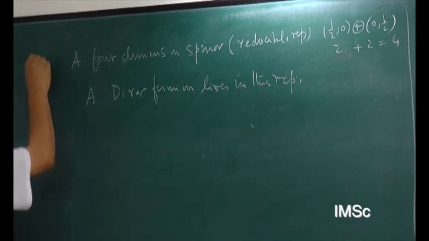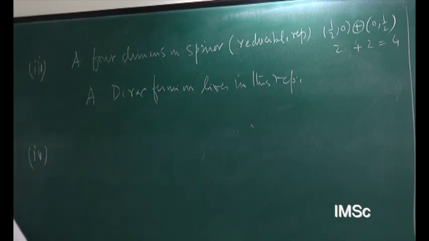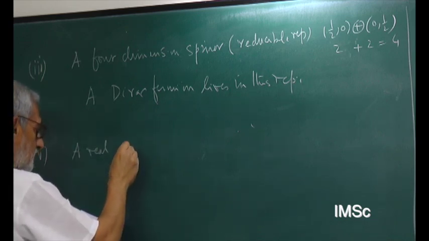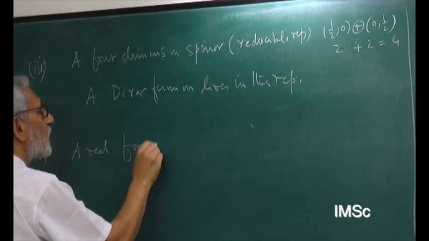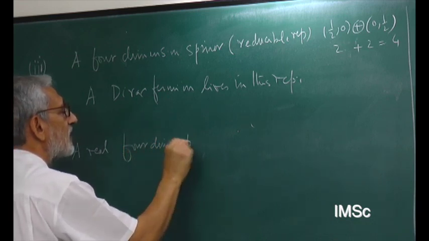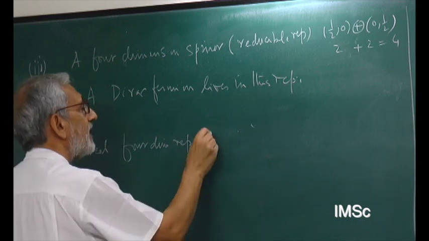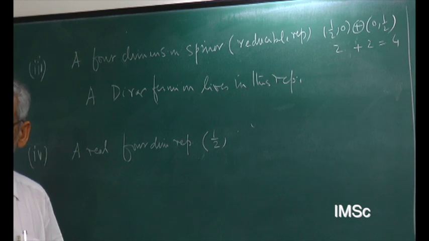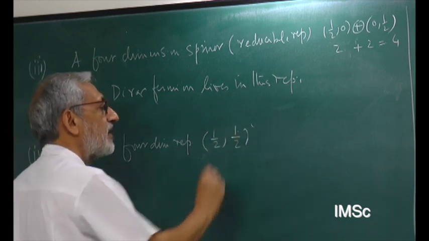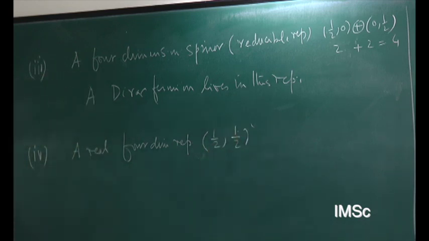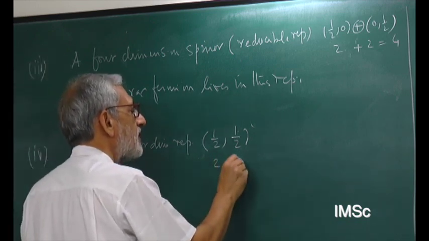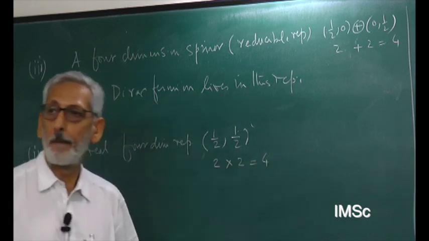This was the third example. Fourth, another 4-dimensional representation, a real 4-dimensional representation. Spin half corresponding to the first SU2 and spin half corresponding to the second SU2. This has dimension 2, this has dimension 2, total dimension 4.